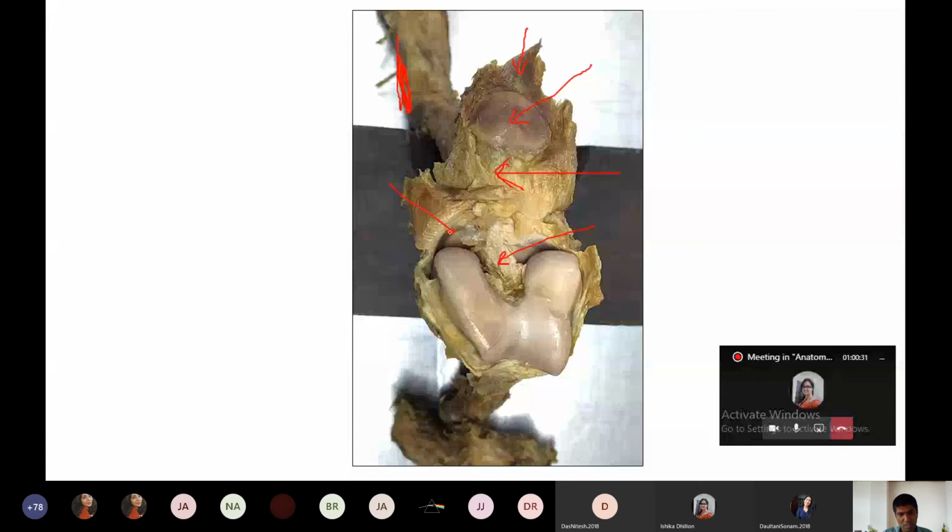So this is the medial meniscus, and this one is the lateral meniscus. Easily you can identify. And this one, you can easily say, is the medial condyle of the femur, and this one is the lateral condyle of the femur. Okay, these are the structures visible in this diagram.